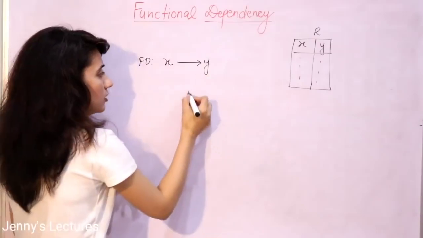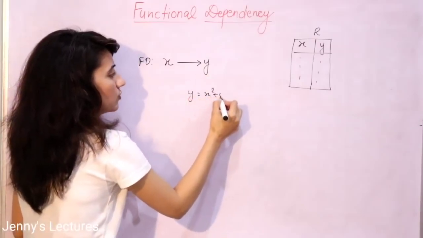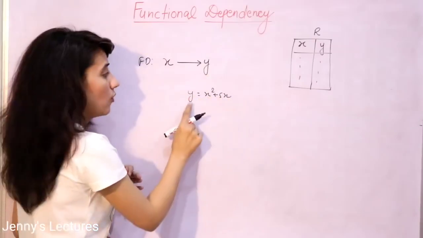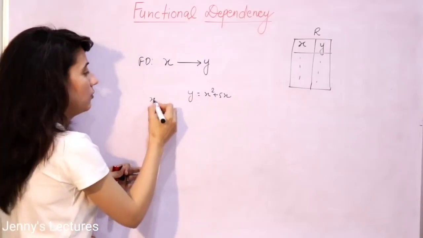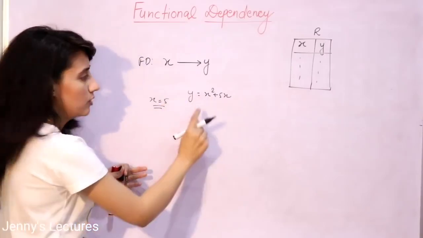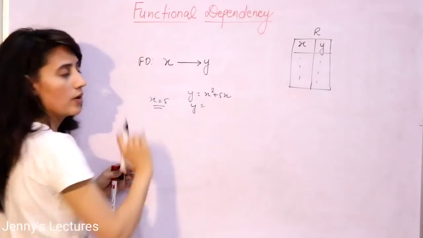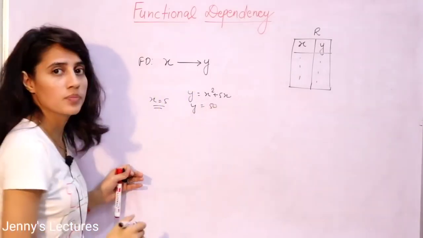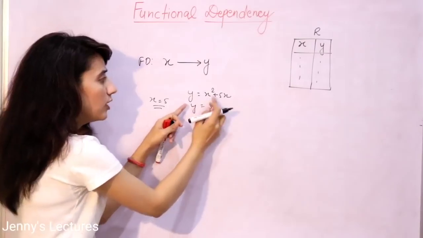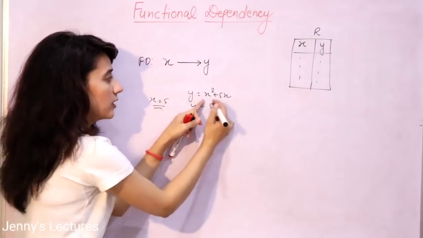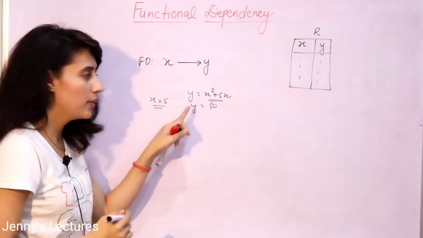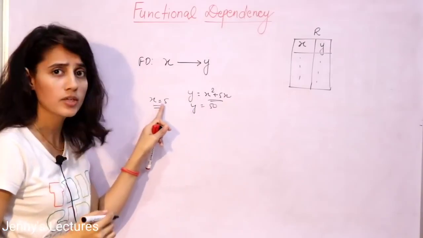Suppose y is equal to x square plus 5x. So now y is dependent on x, and if I give you x is equal to 5, then you can tell me the value of y. That would be 50. Here we are computing the value of y by putting the value of x here, right? This y is functionally dependent on this x.